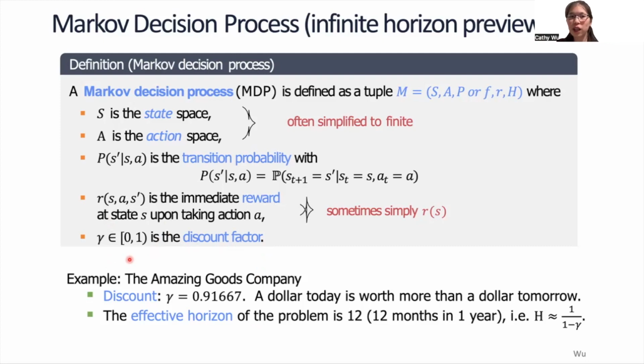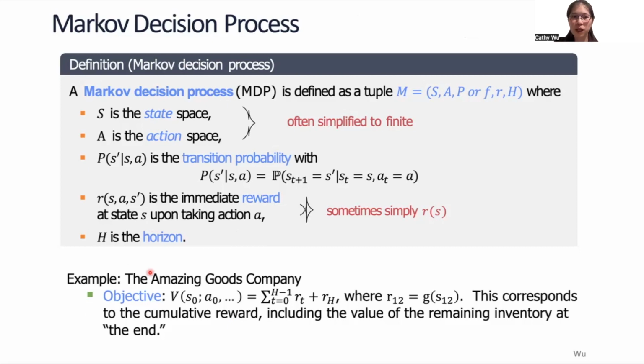So then, this is just the decision process. This isn't the problem that we're optimizing. So what are we optimizing? This is the objective, often written down as this function v, which takes in an initial state, perhaps an initial action, and it is the sum of rewards over time.